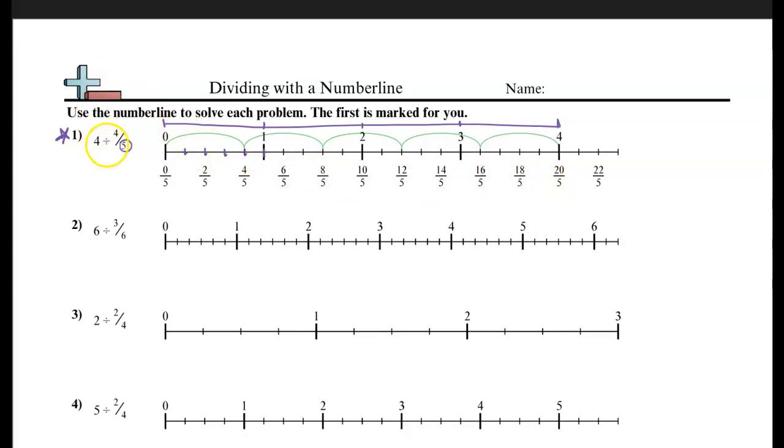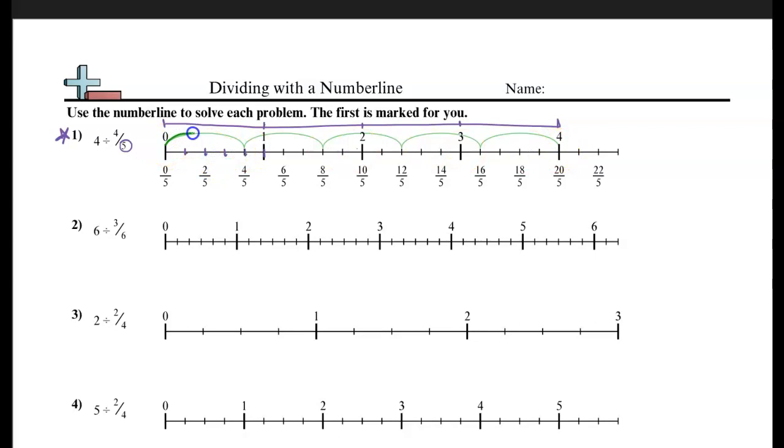Now we want to translate this into the question, right? So this question would say, how many times does this fraction, 4/5, fit into the whole number 4? So we're going to look at 4/5 on the number line. 4/5 is here. So we're asking, how many times can this space fit into the number line until we land on 4?